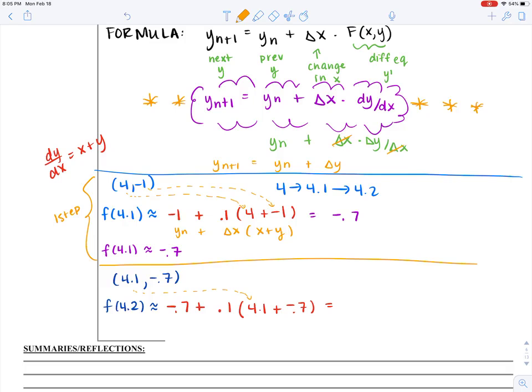Notice that I am not using 4.2 at all in my computation. I'm using the y value and the x value of the point that we're projecting from. And so now I get a value of about -0.36, and I've achieved my goal. I've taken my second step, and I have figured out that f of 4.2 is approximately -0.36.